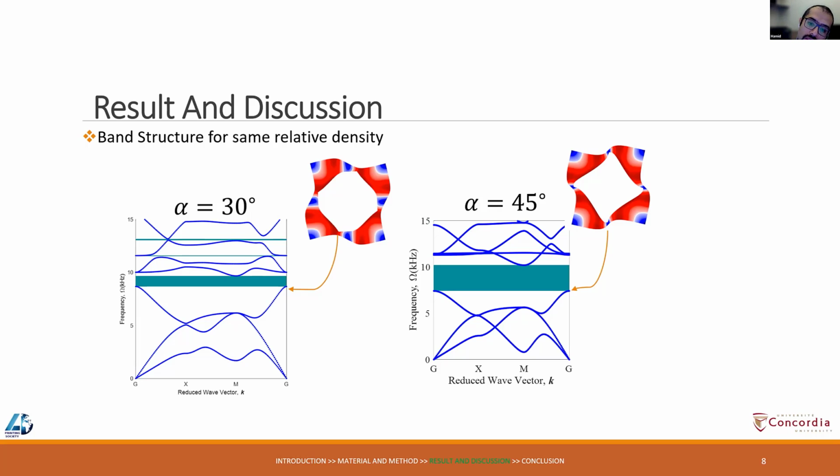By using active materials like MREs in these structures, it is easily possible to change these wave propagation places, and that can be active metamaterials.